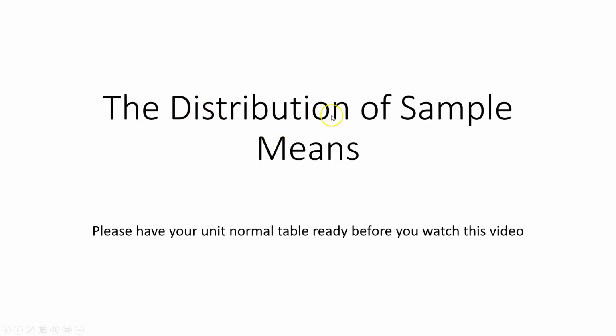If we have a distribution of sample means, that means that we have computed the average of many samples and shown them in a distribution. I'm going to illustrate that for you later in the presentation, but I just wanted here at the outset to prepare you mentally for what it is we're going to be working on today.